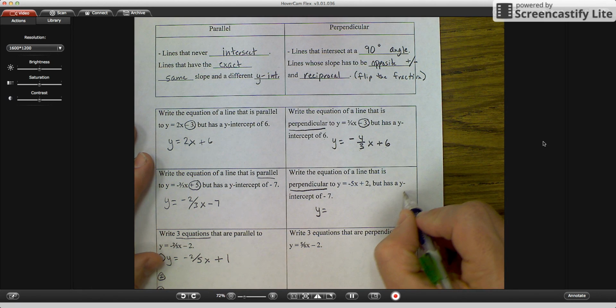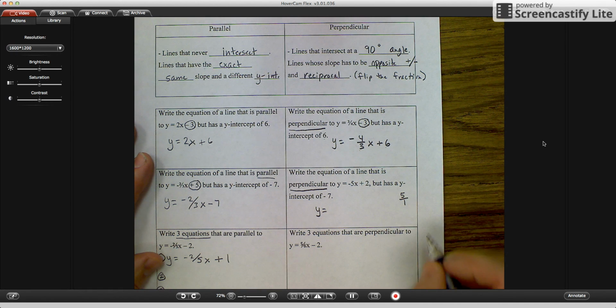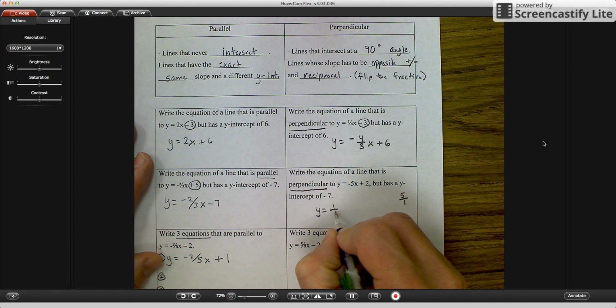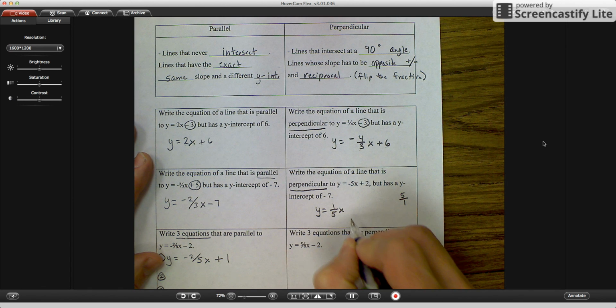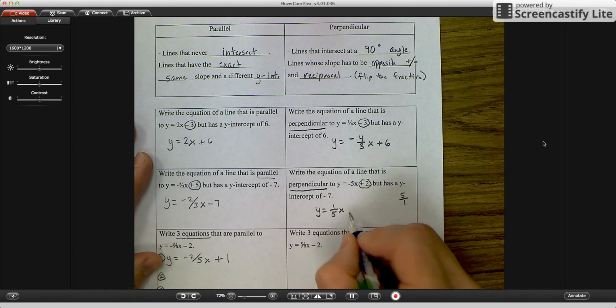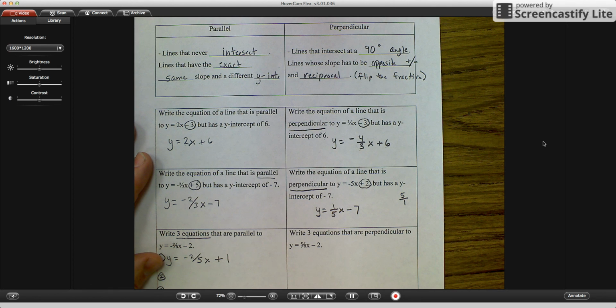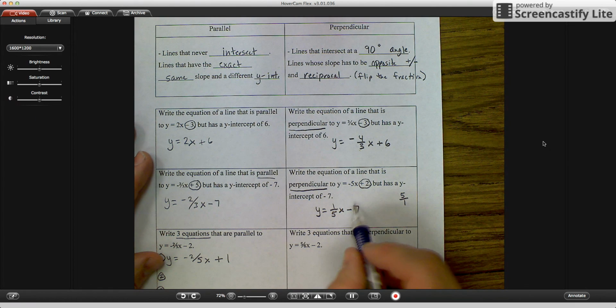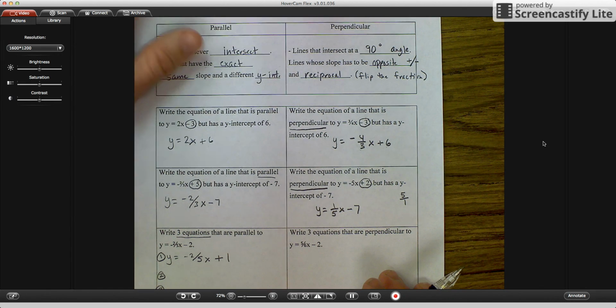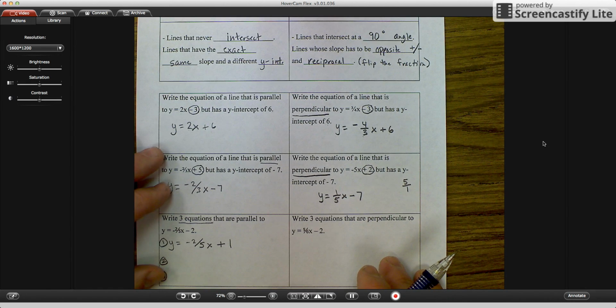Well, 5 is really 5 over 1. Okay? So I'm going to flip that. So it would be a positive 1 over 5x. And then instead of plus 2, my y-intercept now is going to be minus 7. Okay? Again, we have just written an equation that is perpendicular to this. And if you were to graph them, they would give you a 90-degree angle.